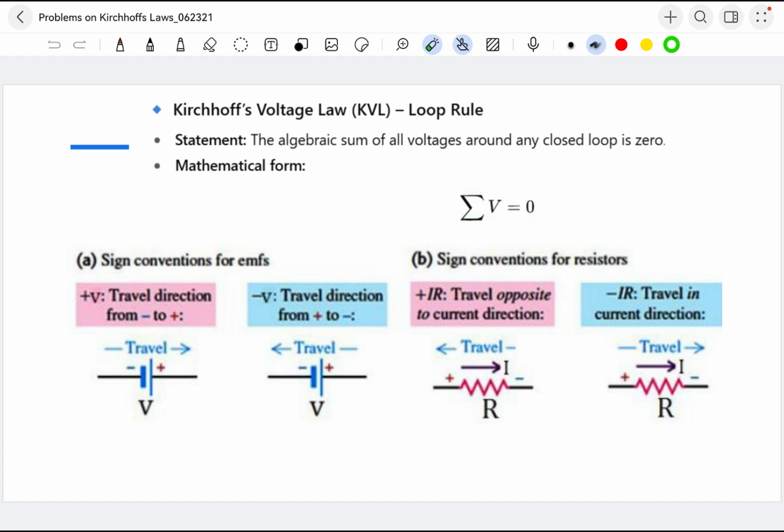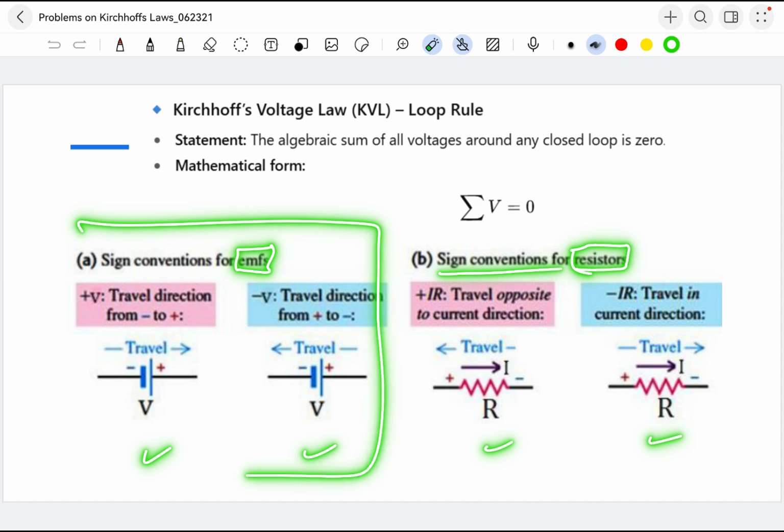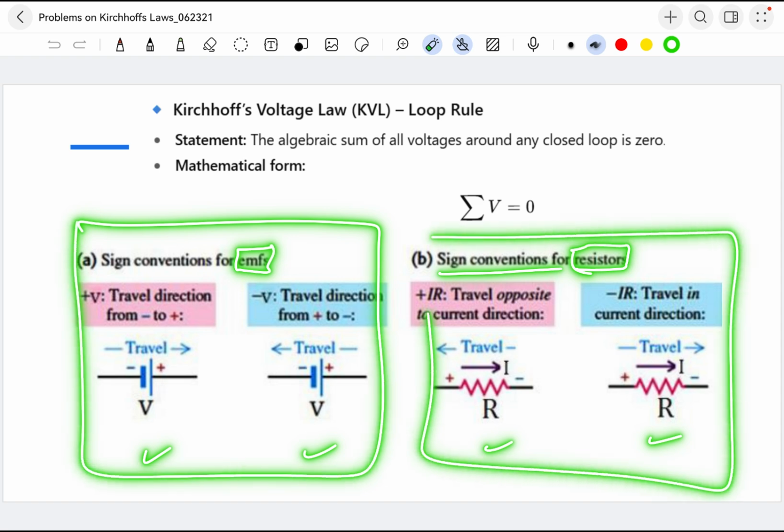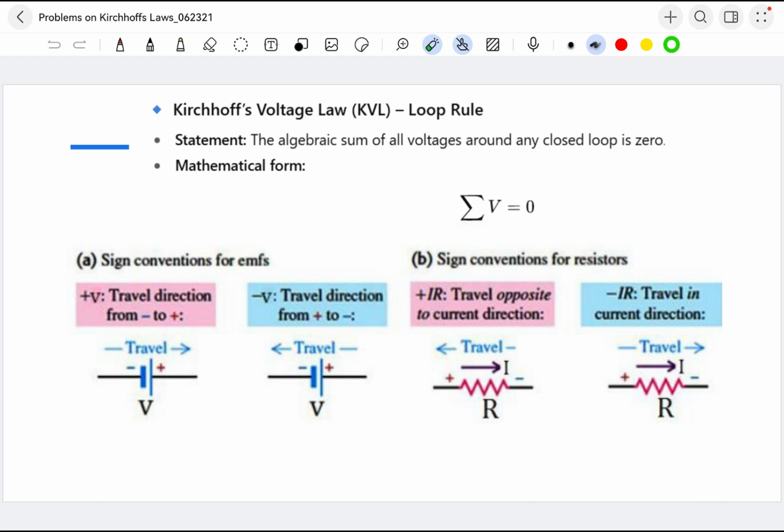Here we have to follow some sign conventions, especially two things: sign conventions for the EMFs, the batteries, and sign conventions for the resistors. Total 4 are there, 2 for the battery, 2 for the resistor. Sign convention: voltage rise positive, voltage drop negative. Very simple. Let's focus here.